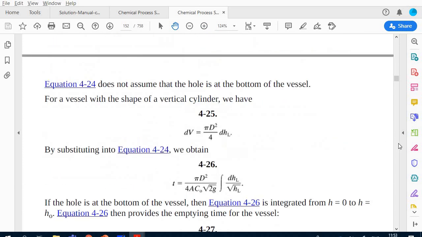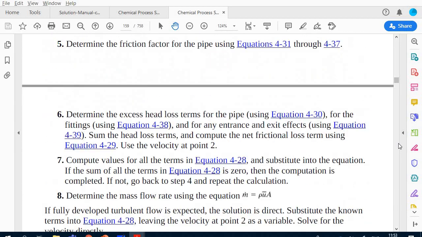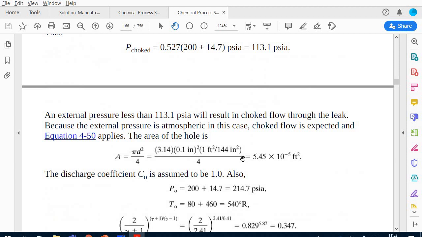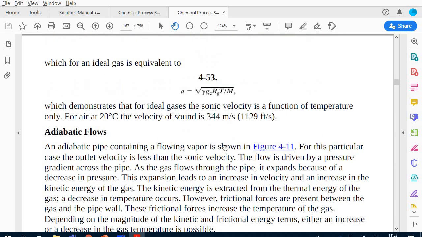How much is the flux, which is kilogram per meter square? How much mass is going to be leaving my system, right?